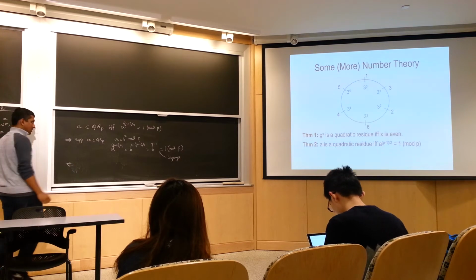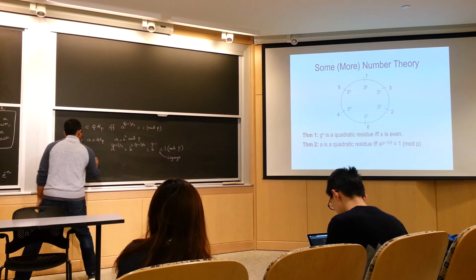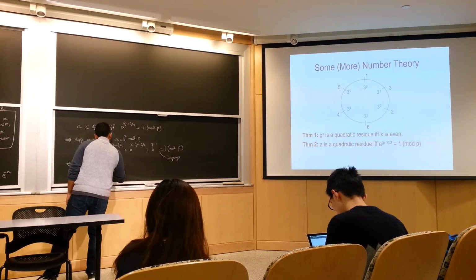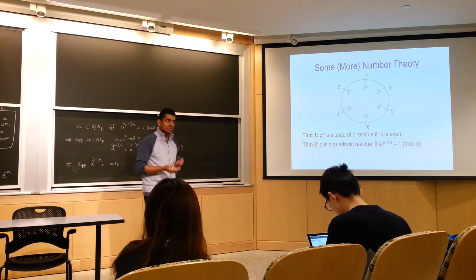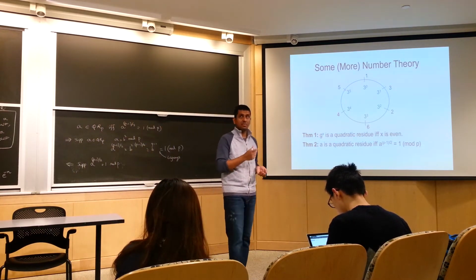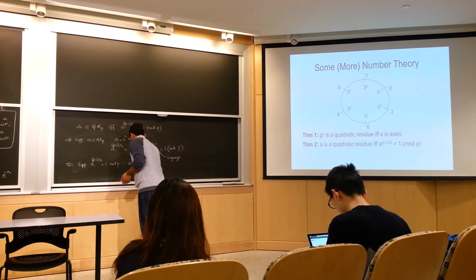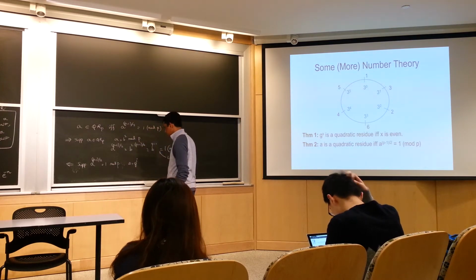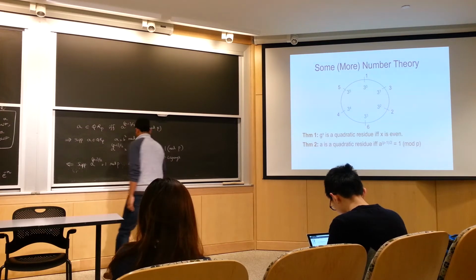Okay, how about the other way around? Suppose a to the p minus 1 over 2 is 1 mod p. You can write a as a number in Z_p star. So if you have a generator g of Z_p star, you can always write a as g to the i mod p for some i.